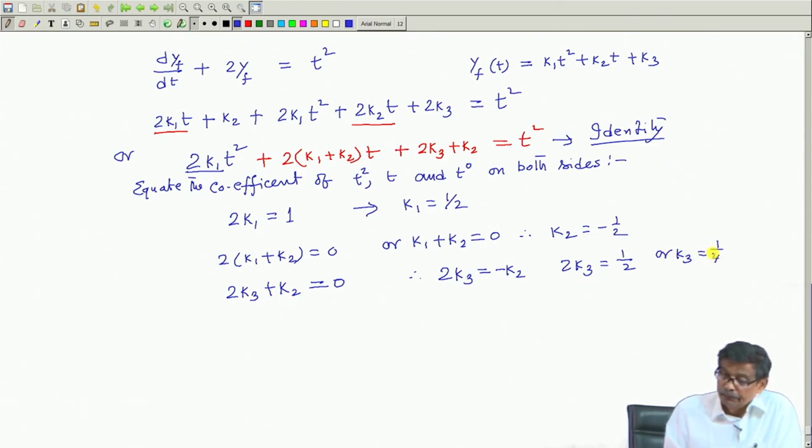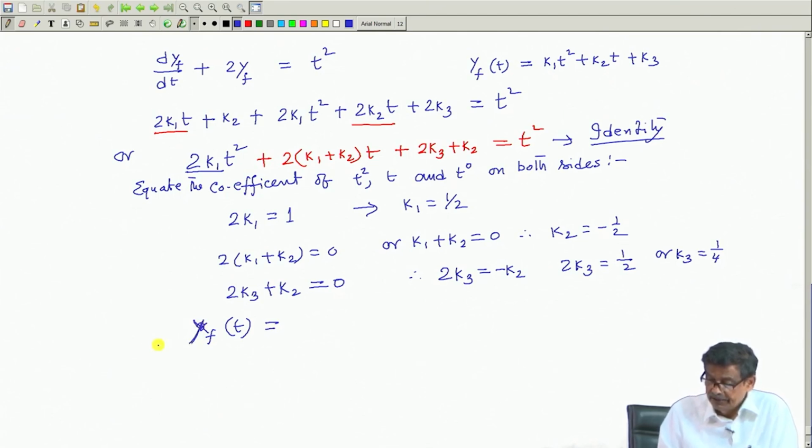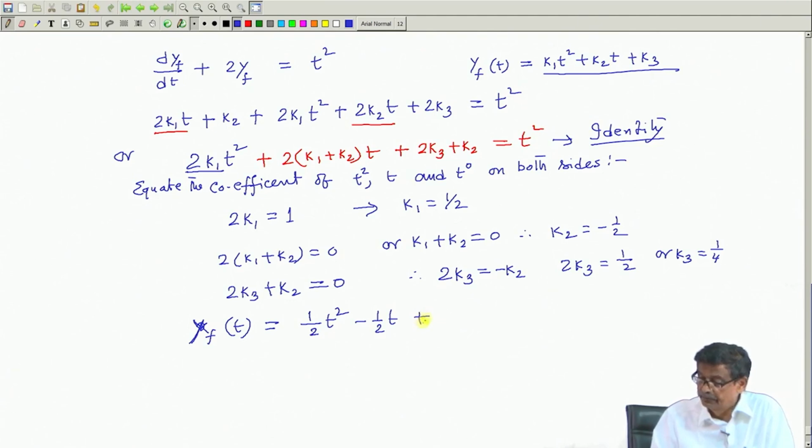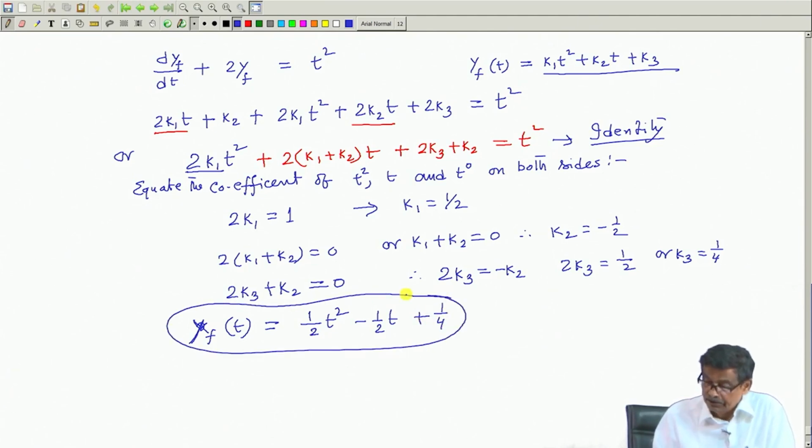Therefore, y_f(t) will be equal to k1 t square, putting the values there, so k1 was half t square, plus k2 into t, that is minus half into t, plus k3, which is equal to 1 by 4. This will be the solution due to the forcing function, mind you.